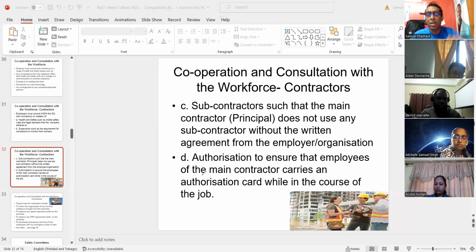So the PLEA pass card in England, if you read this carefully, right? Watch it again. Authorization to ensure that employees of the main contractor carry an authorization card. Yes, that's actually a big thing in England. All the workers have to have a card, like what we call the PLEA card or the PLEA passport. That's a card they have in England. It's called the Working Safely card, right?